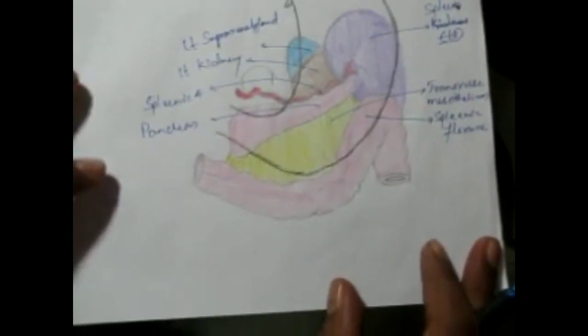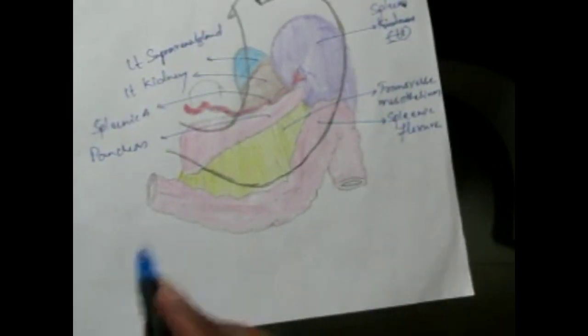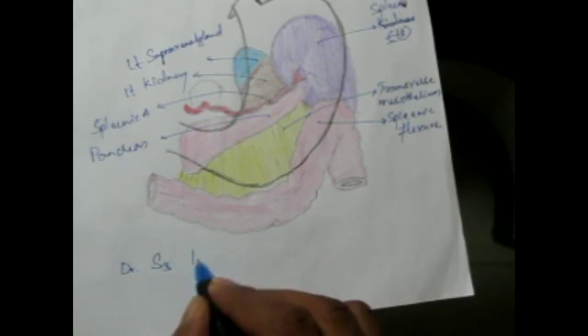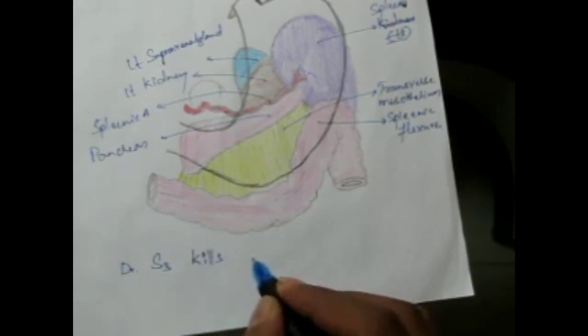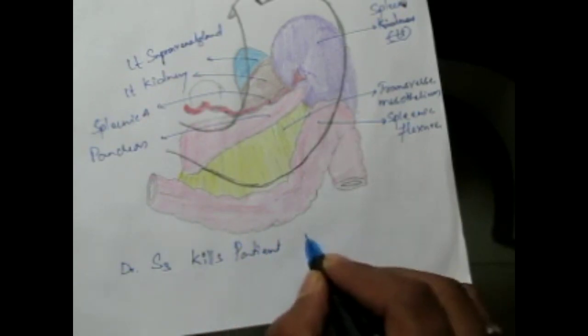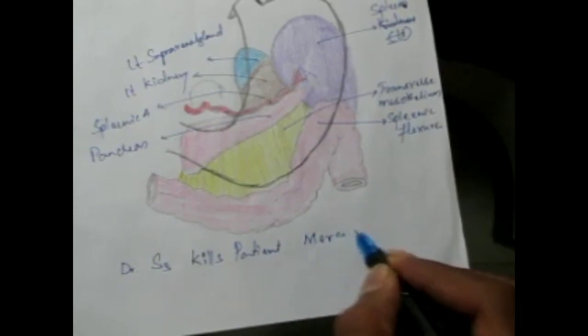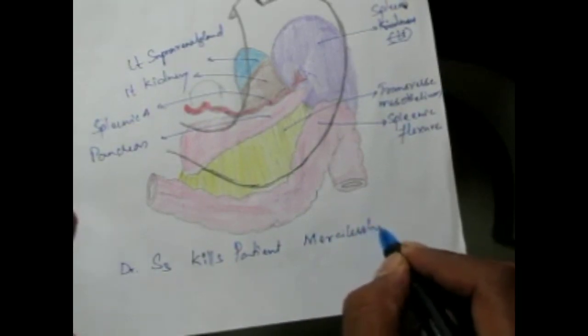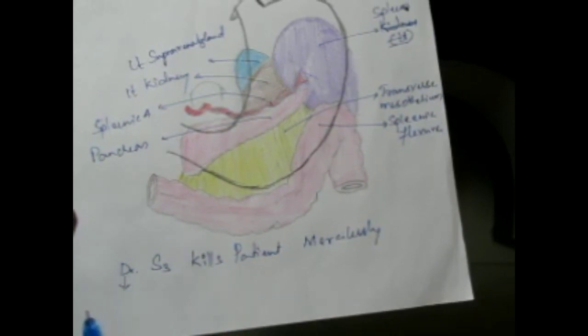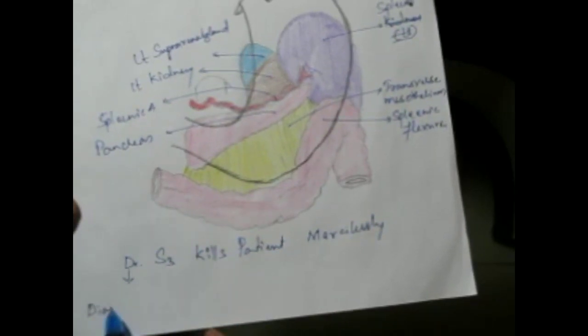The mnemonic to remember this stomach bed is: Dr. S3 kills patient mercilessly, where D represents diaphragm.